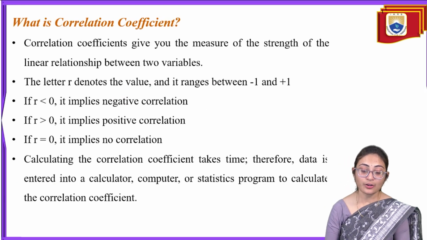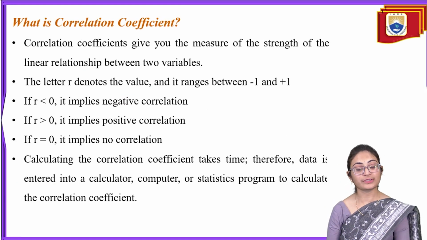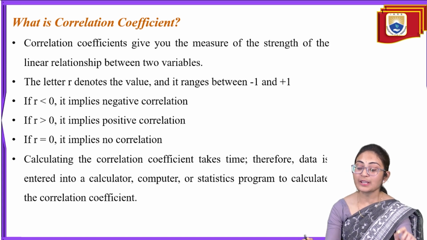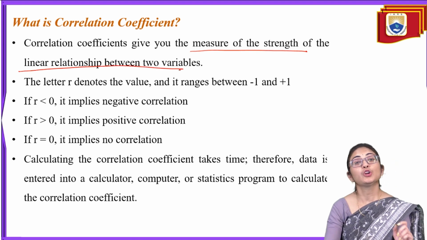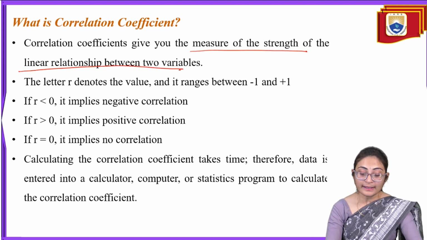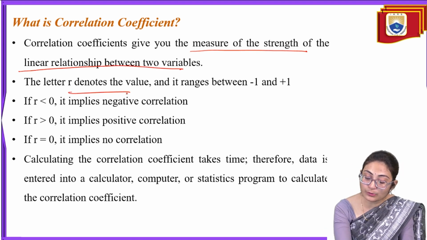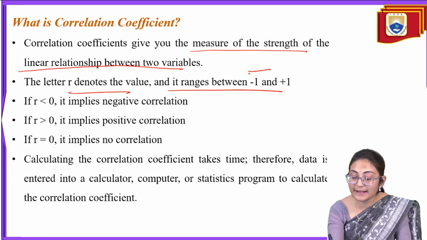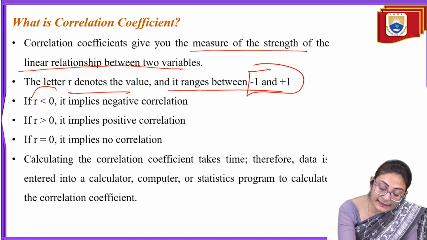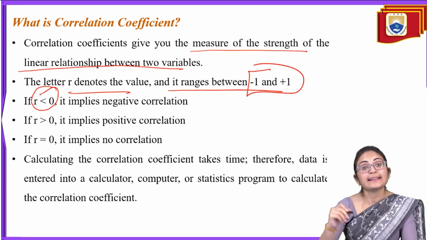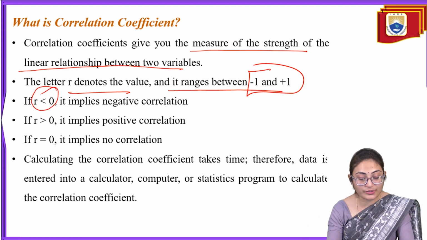Then after that, what is the correlation coefficient? The correlation coefficient gives you the measure of the strength of the linear relationship between two variables. The letter R denotes the value and it ranges between -1 and +1. If R is less than 0, it implies negative correlation.